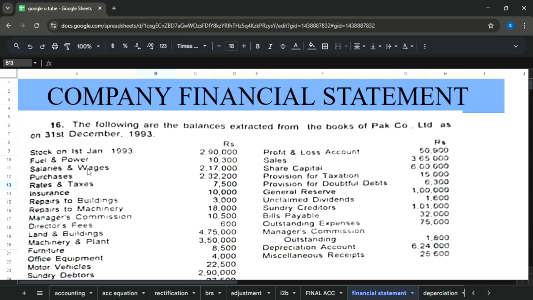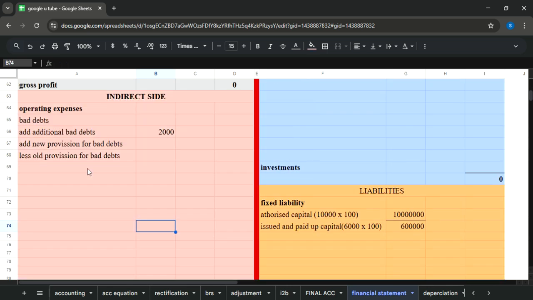Salaries and wages. We'll go to operating expense, salaries and wages. Now you can ask the question, since wages are a direct expense, why are we writing salaries and wages on the indirect side? Because wages are also present. In any question you will follow the first word. First word is salary, so you will put it on the indirect side.